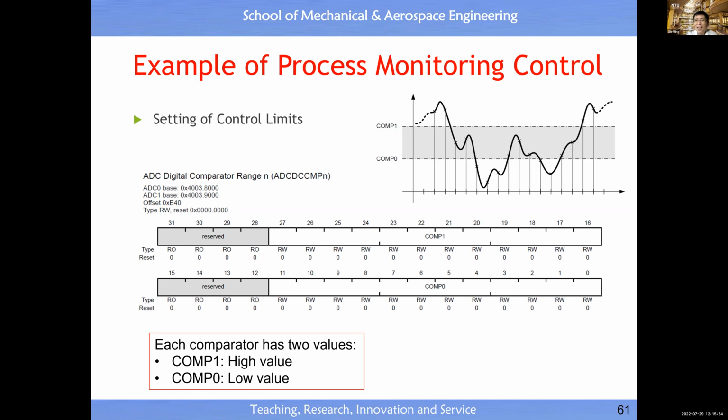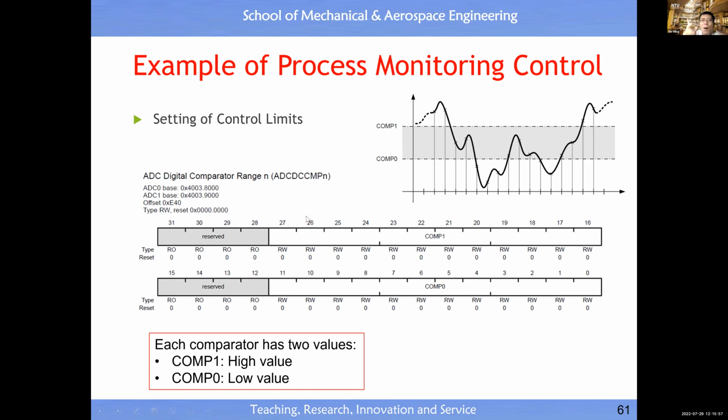Servo control means the value can change, all right? Normally temperature control is process control. Make sure the temperature is within the limit or the pressure is within this limit. Then motion control is servo control. That means you can have any equation for the output of the motion.